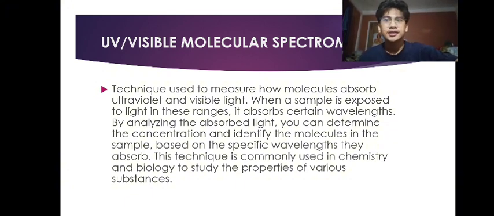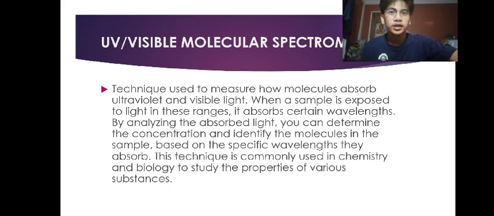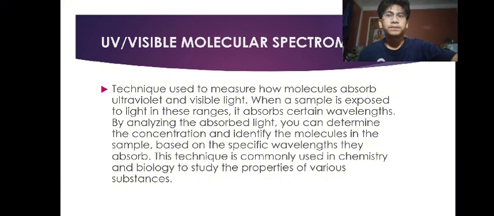And by analyzing the absorbed light, you can determine the concentration and identify the molecules in the sample based on the specific wavelength they absorb. This technique is commonly used in chemistry and biology to study the properties of various substances.